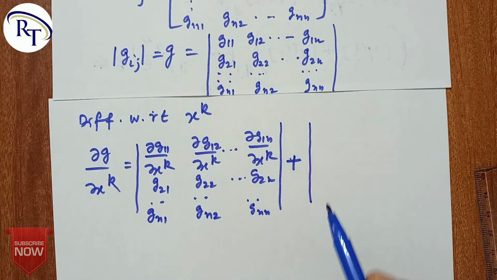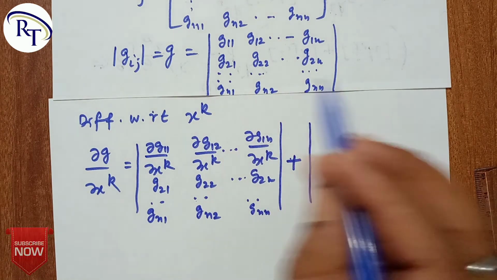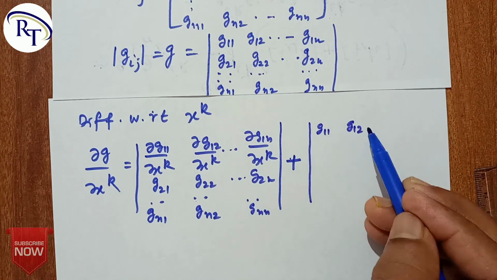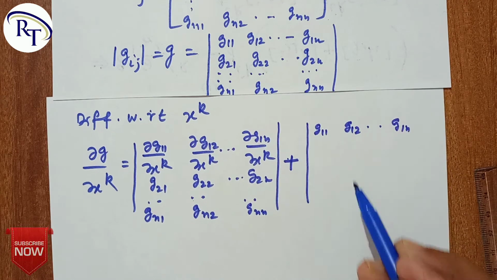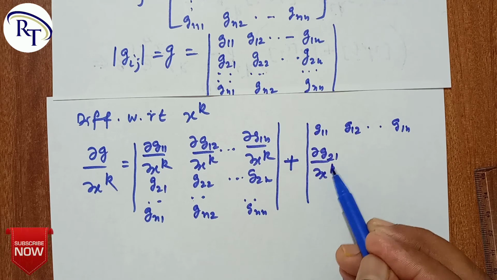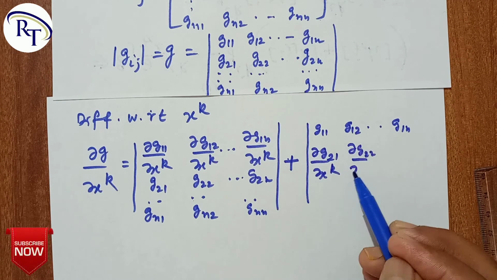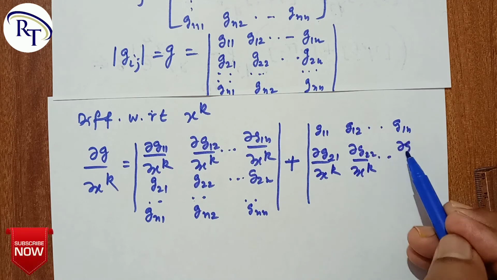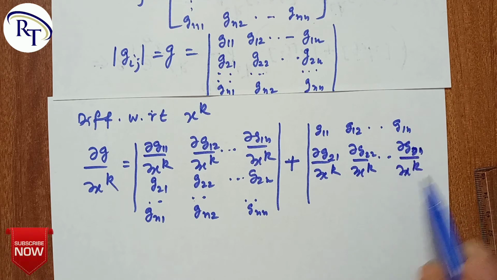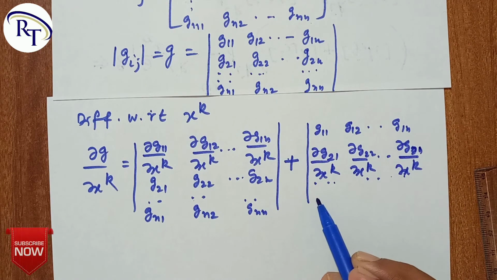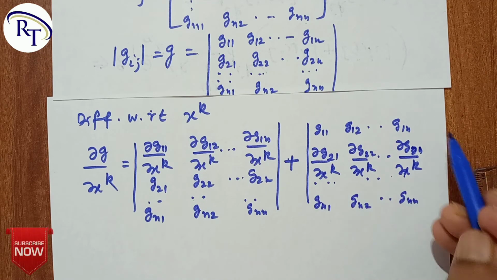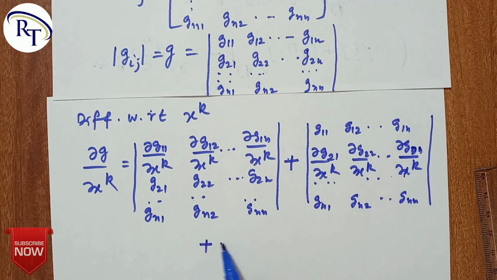So all the rows are constant, only we differentiate in the second row. So G11, G12, G1n. Now ∂G21/∂x^k, ∂G22/∂x^k, up to ∂G2n/∂x^k, and the remaining rows are as they are: Gn1, Gn2, Gnn, plus dot dot.